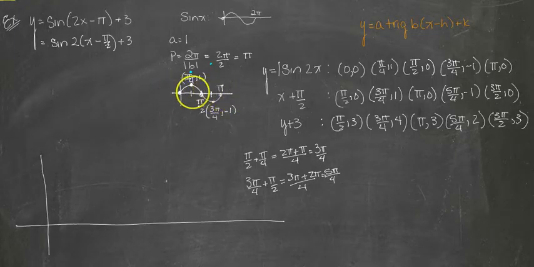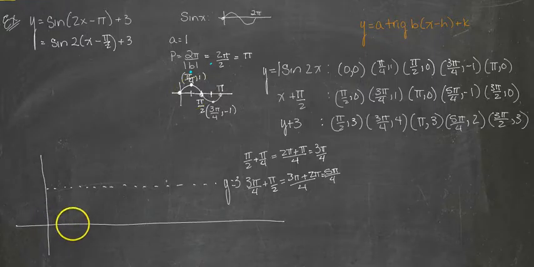I'm raising that middle line up 3 units. So I could just dot that in and see that I've got y equals 3. And then the forward action is going to be to go to pi over 2. So pi over 2, and I can dot that in.